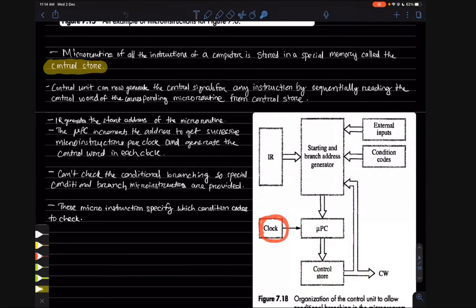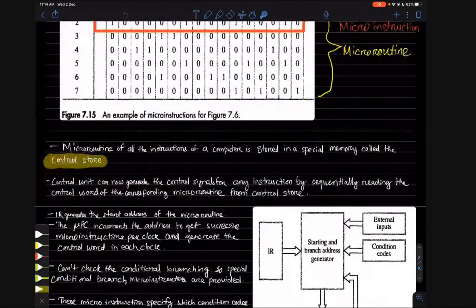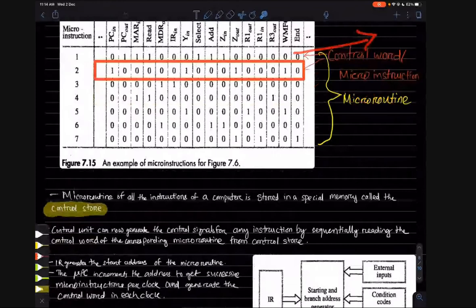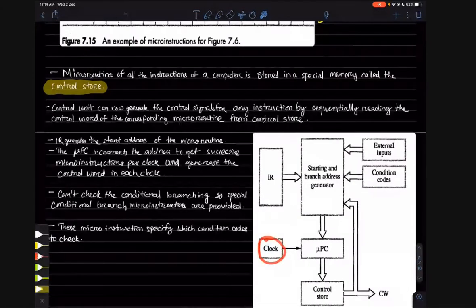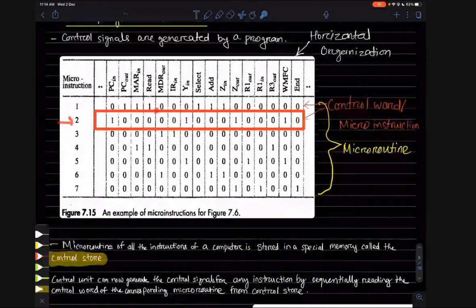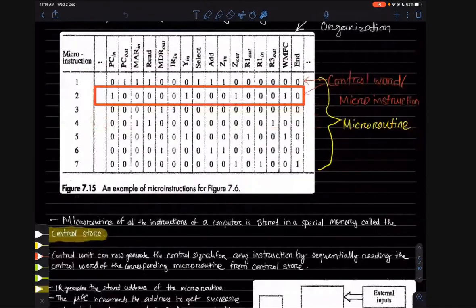Clock will be given. In the first clock cycle, the first row will be read, and all the control signals will be generated. Then the clock value will be incremented, and in the next clock value, the micro program counter will point to the next instruction and generate all these types of signals.